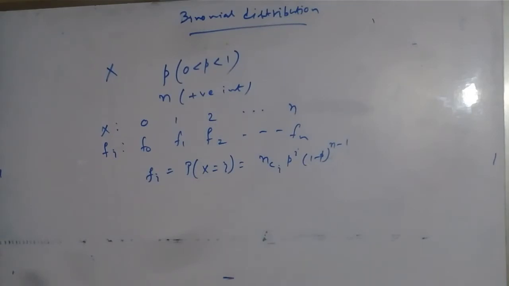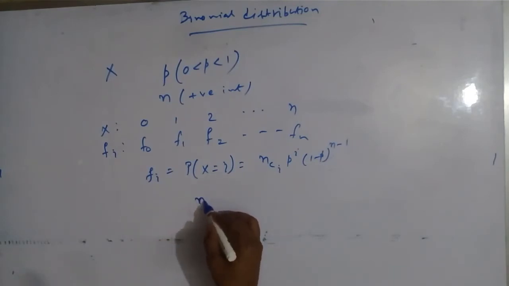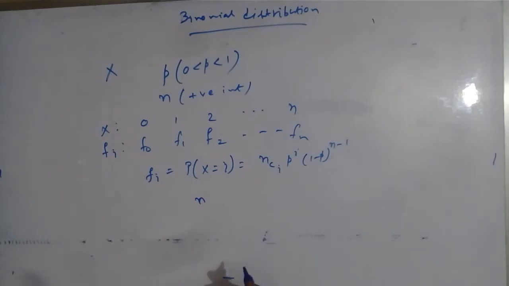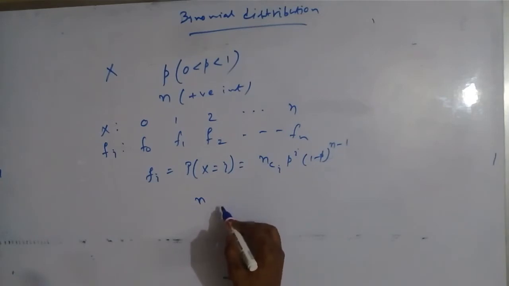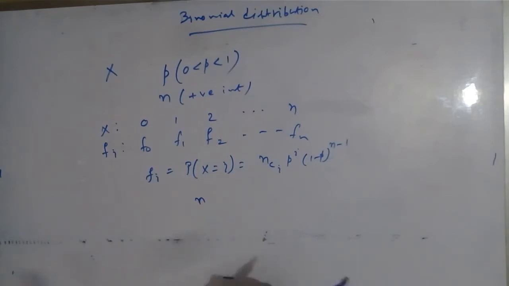Now we have to know for which type of experiments binomial distribution is used. Suppose an experiment is repeated n times, and we want to find the probability for some certain outcome.